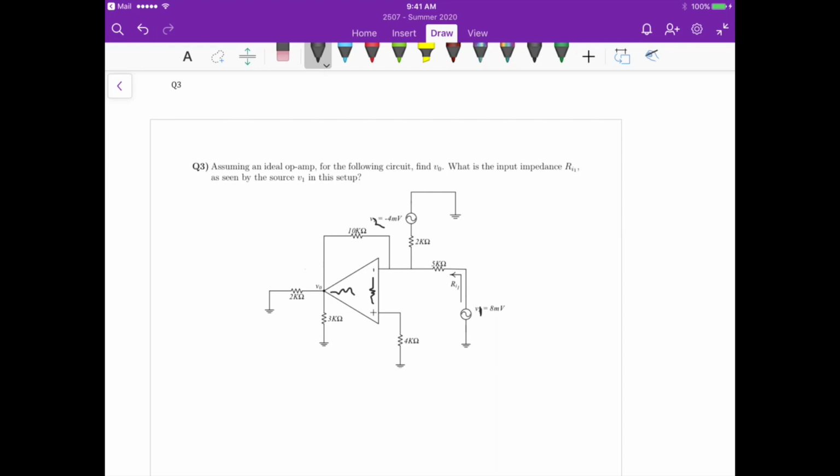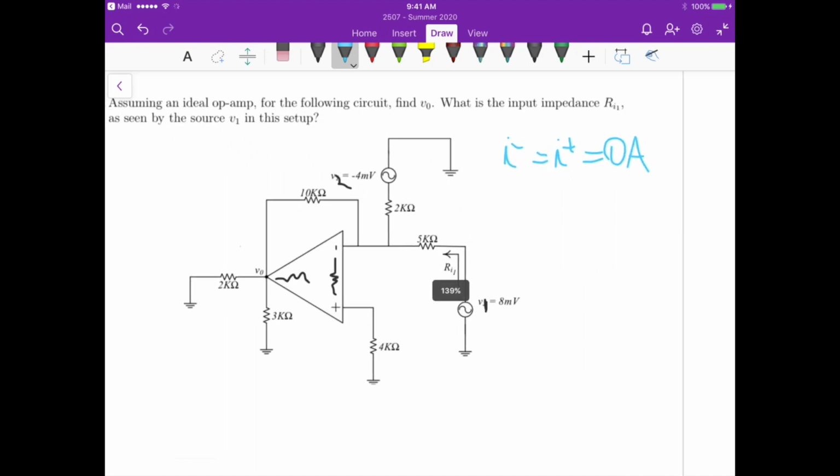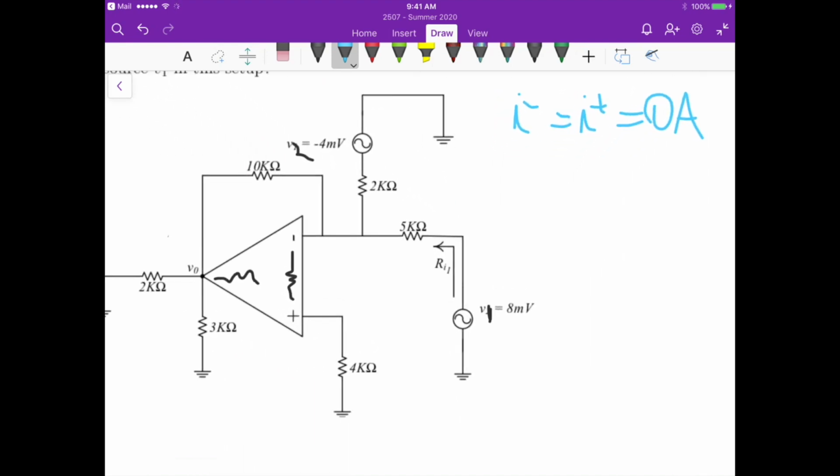And we know that the currents entering the inverting and non-inverting inputs of the amp are equal to 0.